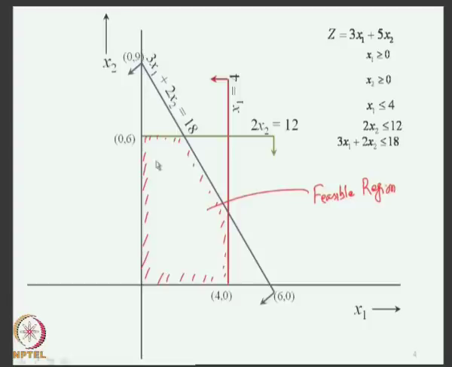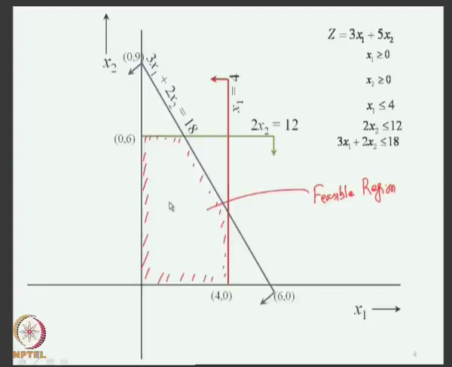What does that mean now? This means that you have virtually infinite number of points. Any point within this is a possible solution to this problem. So, we have infinite number of points which satisfy all these constraints.